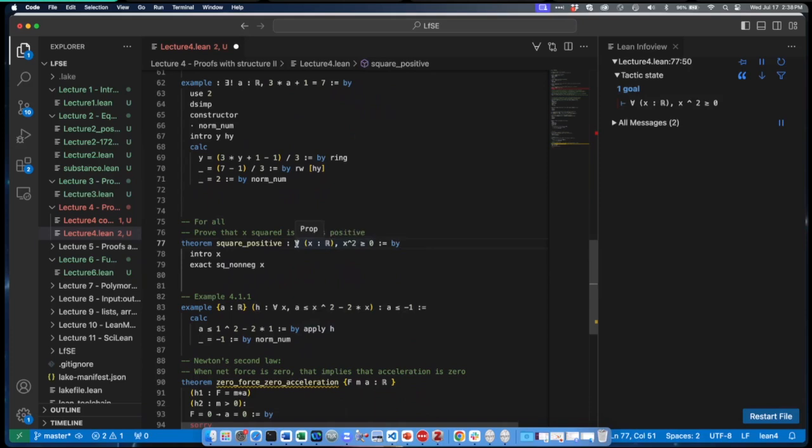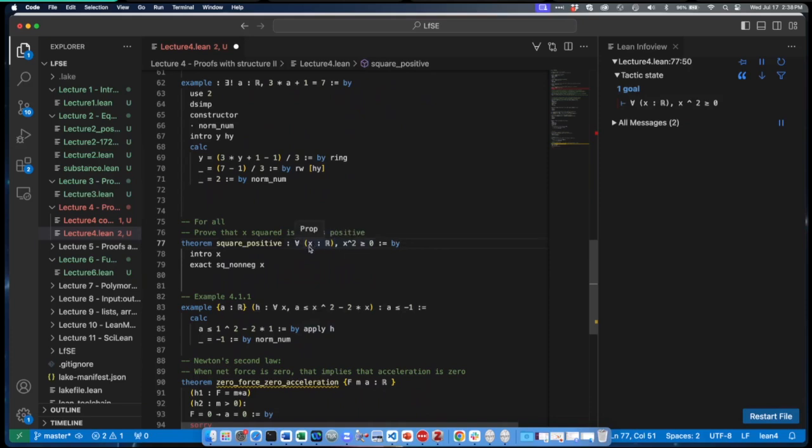It says, for all, okay, so here we have a colon, we have a for all in the goal statement. So this one is a little different from the other one where for all is in the premises statement.